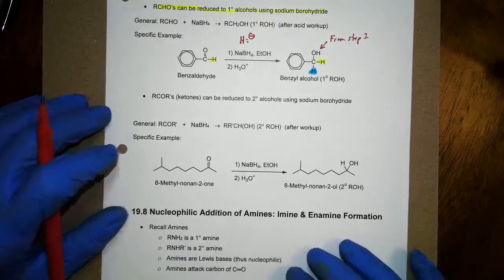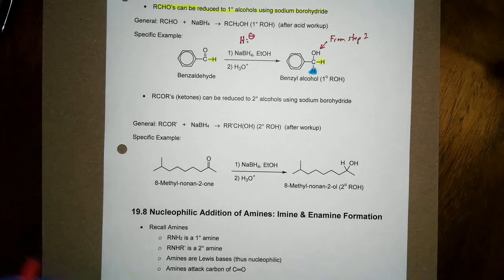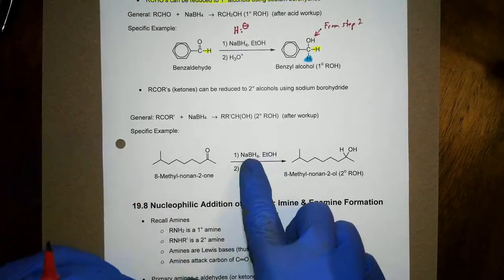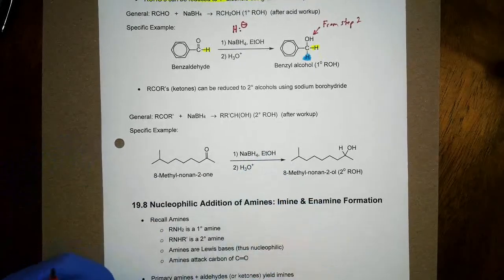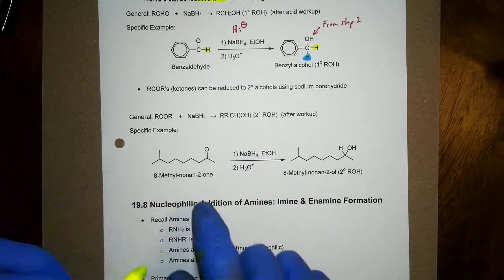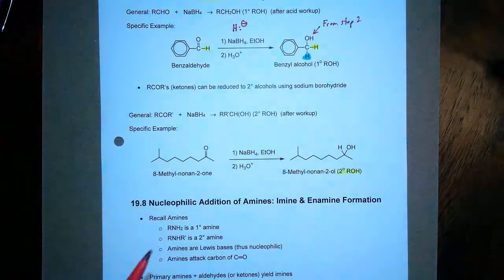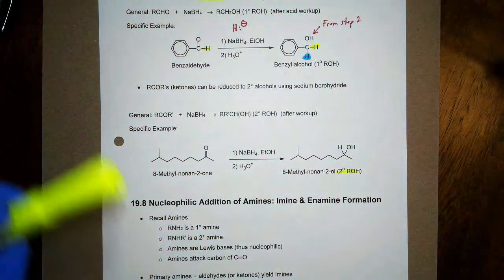Similarly, again as a review, we can reduce a carbonyl, in this case a ketone, using the same set of reagents, sodium borohydride and ethanol. If you go from a ketone, we end up with a secondary alcohol. This is an example of that.